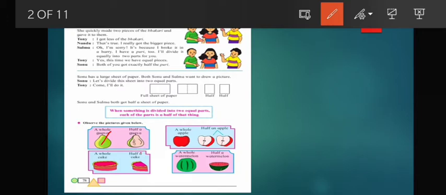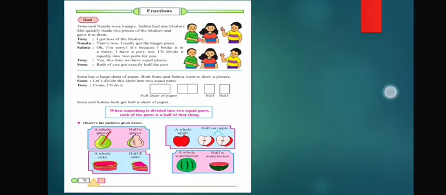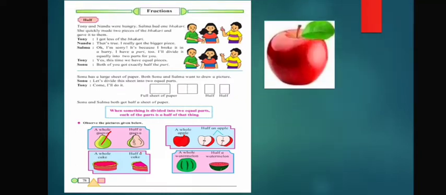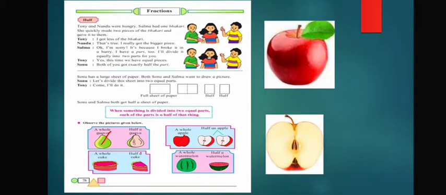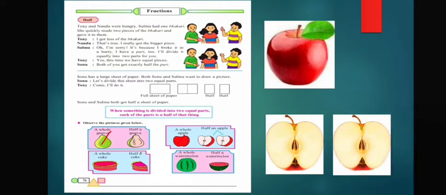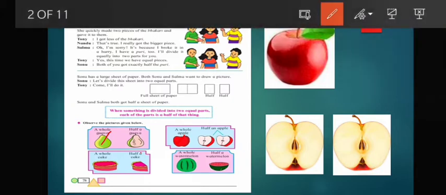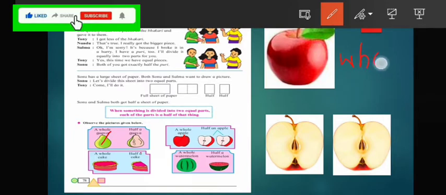Then there is an apple. This is a whole apple, but when you cut it into equal halves, you will get two parts, and two parts are halves of an apple. This is one part of the apple.